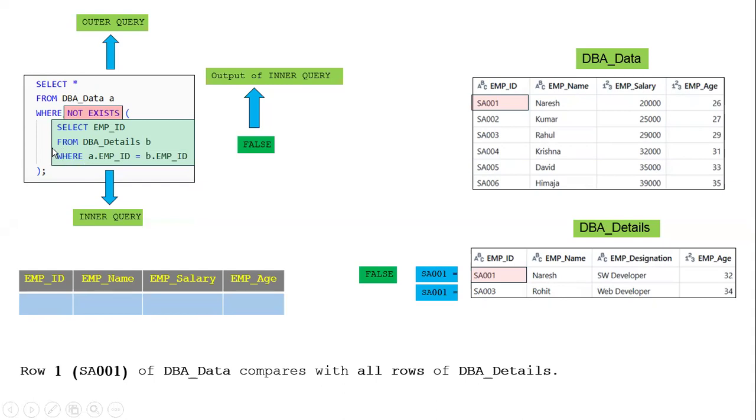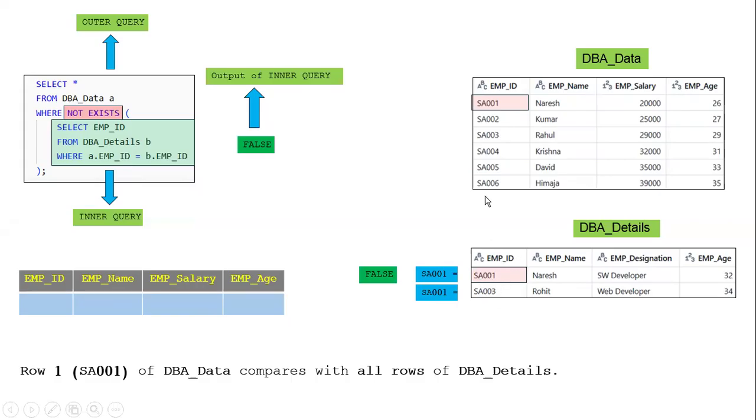We are filtering using the where condition: a dot employee_id, where a is the dba_data table, is equal to b dot employee_id, where b is this table.